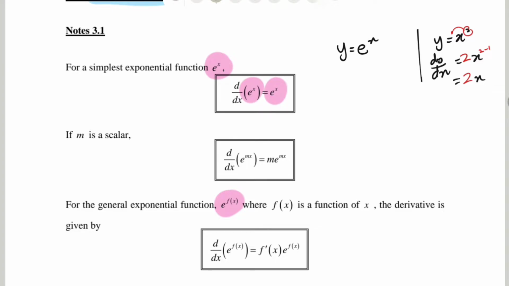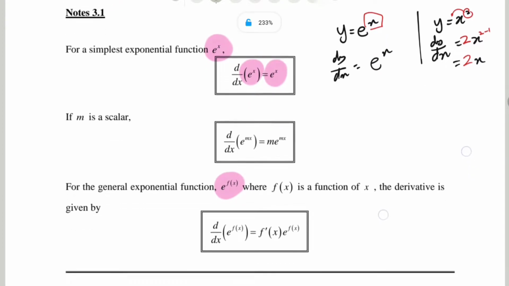But now, for exponential functions, the unknown is at the power. So, how do we differentiate this? To differentiate this, if it's just e to the power of x, you will get exactly the same, which is e to the power of x.